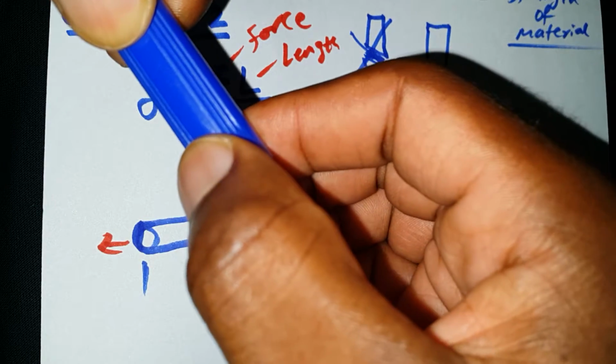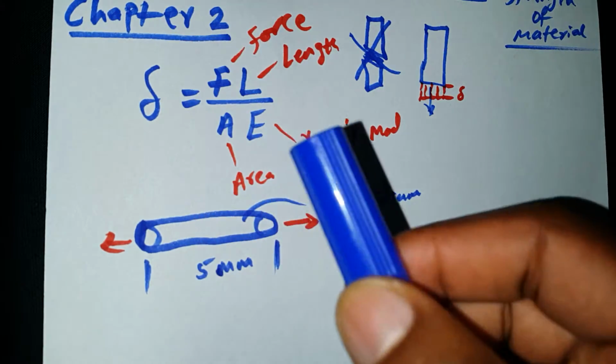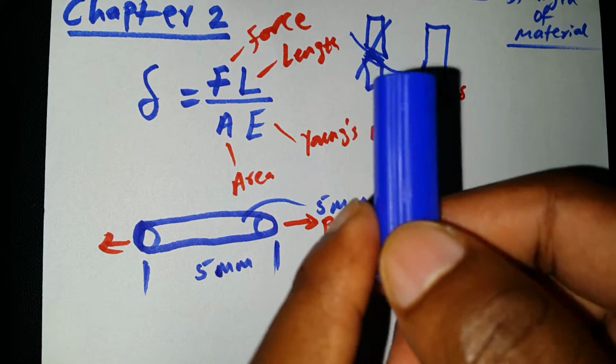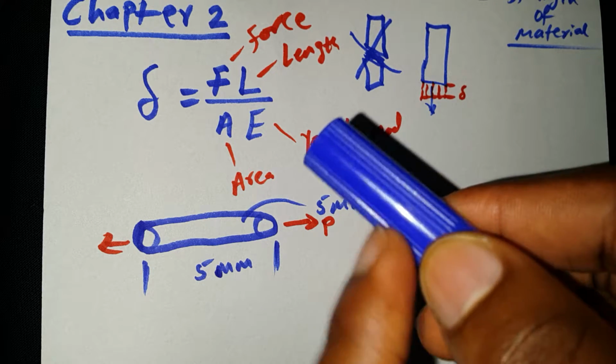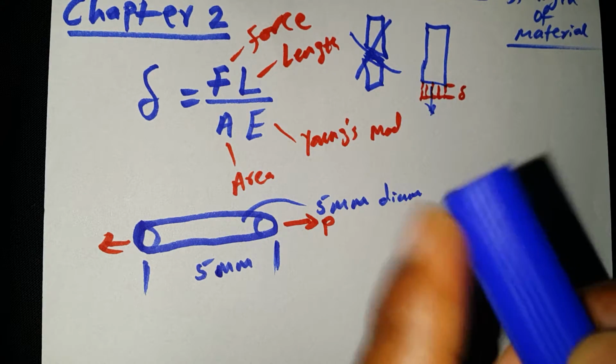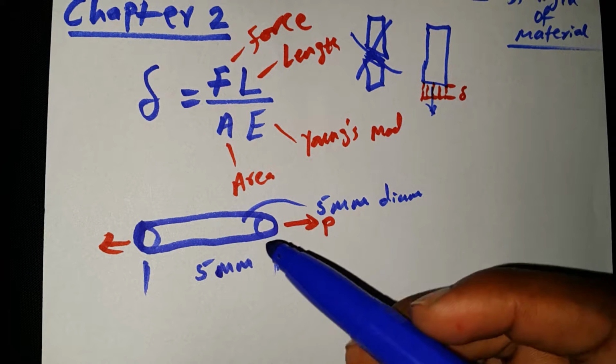If much stress is applied, the member will break, cut into two. So for the deformation part of it, we will try to find the addition length in any part of the member. So that is what we are trying to do here.